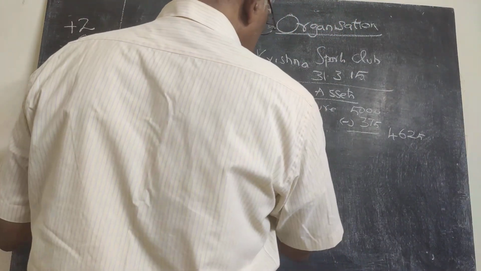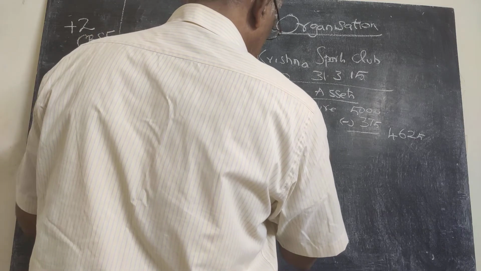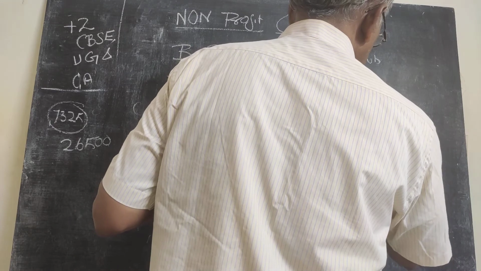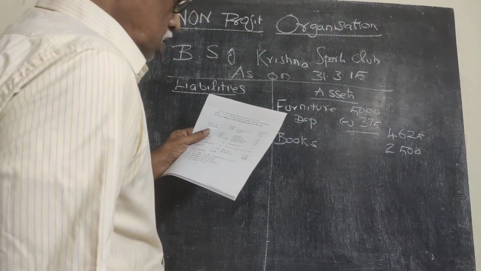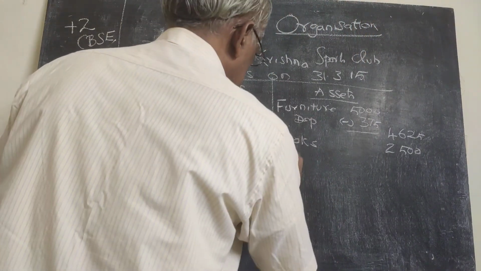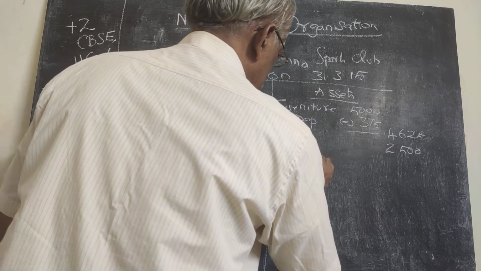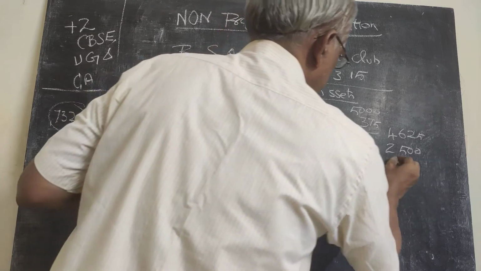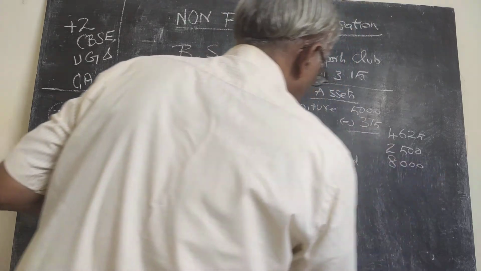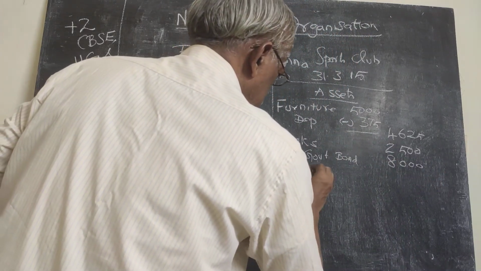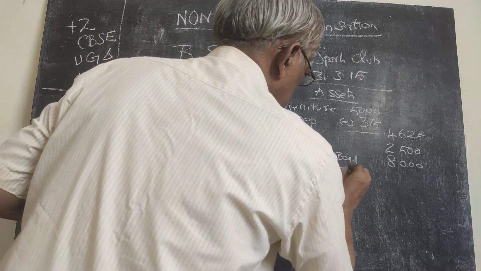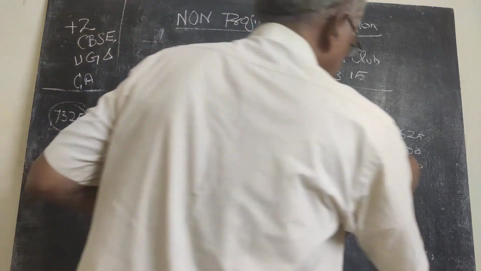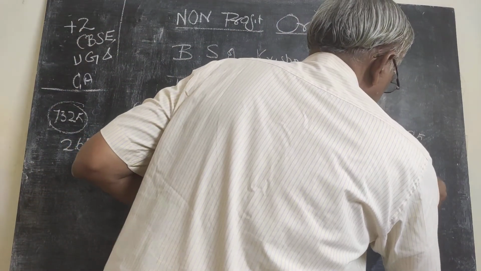Purchase of books 2,500, and then 5% government bonds, 8,000. Accrued interest we have calculated, I think 5%, so 200 rupees for 6 months.